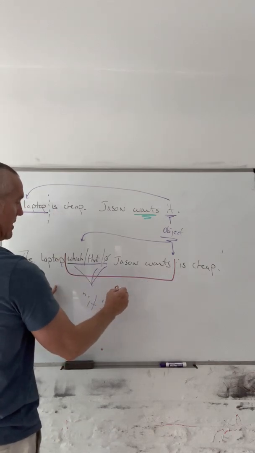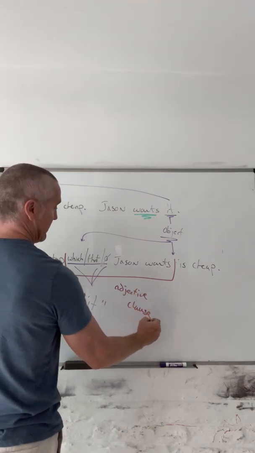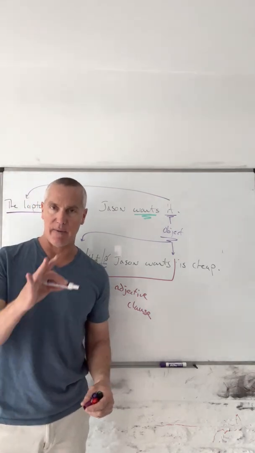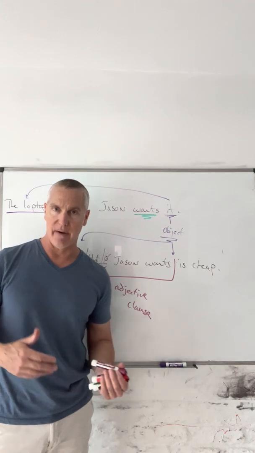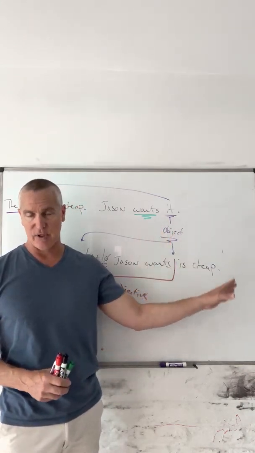Which Jason wants, that becomes the adjective clause. Okay? So there we have, we're about 30 minutes now into this video. This was an example of adjective clause pronouns in the object position.